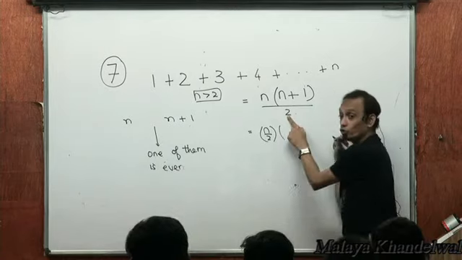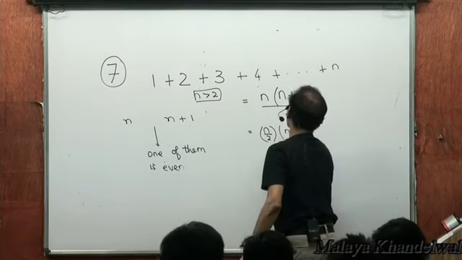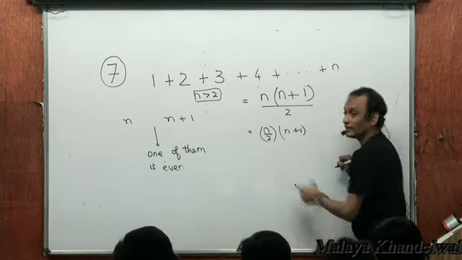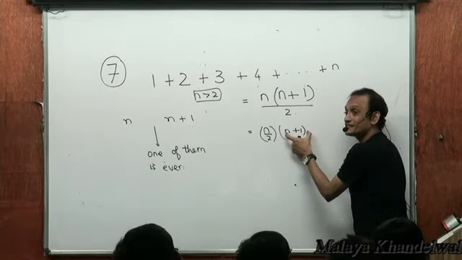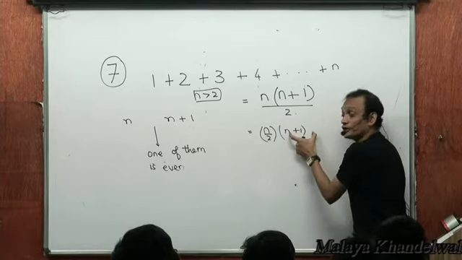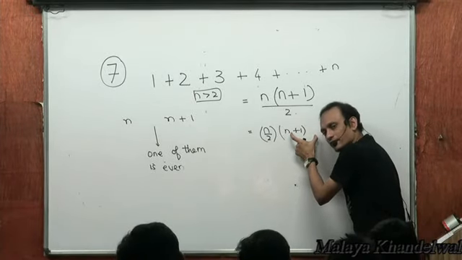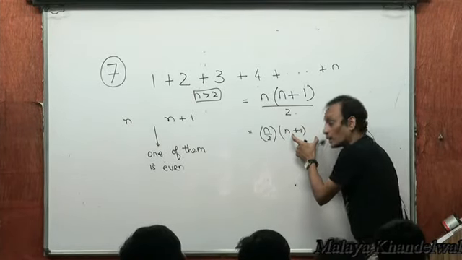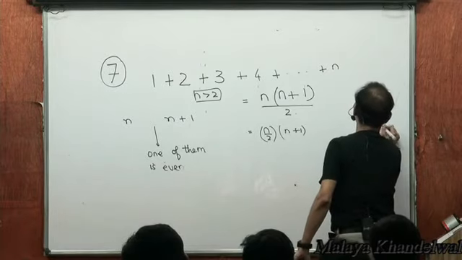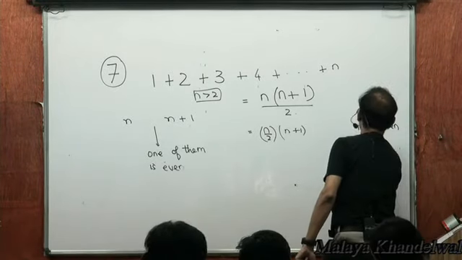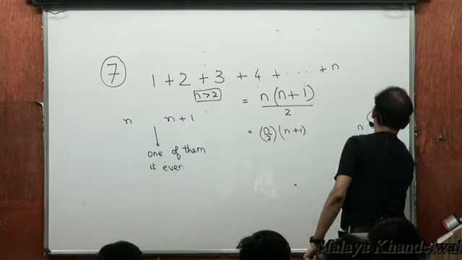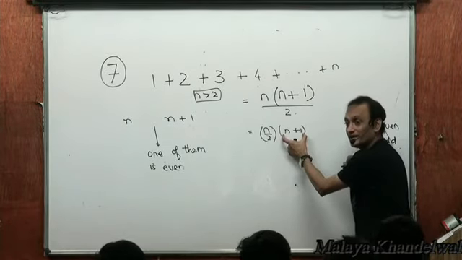So this is n by 2, which would be an integer, into n plus 1. It's a product of two integers, therefore it's a composite number, right? So that is when n is even. Suppose n is odd. If n is odd, then n plus 1 will be even.